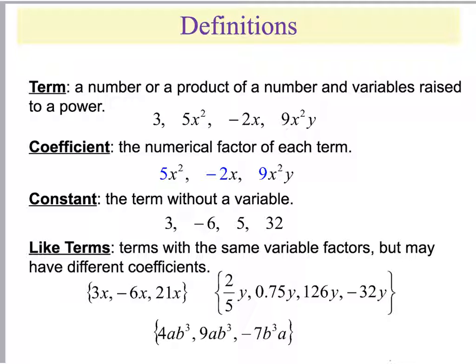Now, although the negative 7b cubed a looks like a different term, it is still a like term because the exponent on the b matches the others, and the a does as well. Even though they're in a different order, they are still like terms. So if we had an equation where we needed to combine the 4, the 9, and the negative 7, we could combine those because they are like terms.